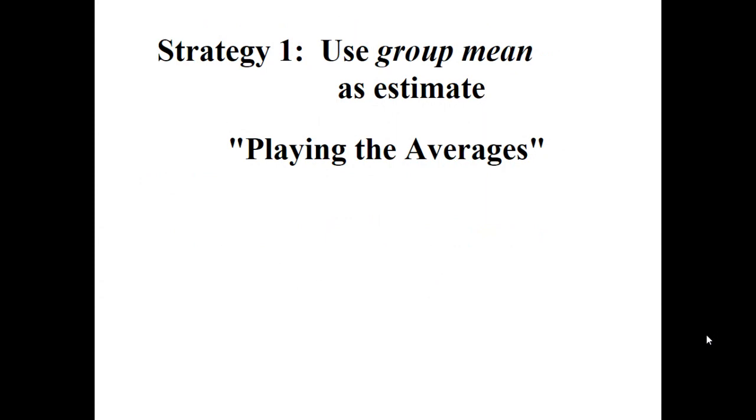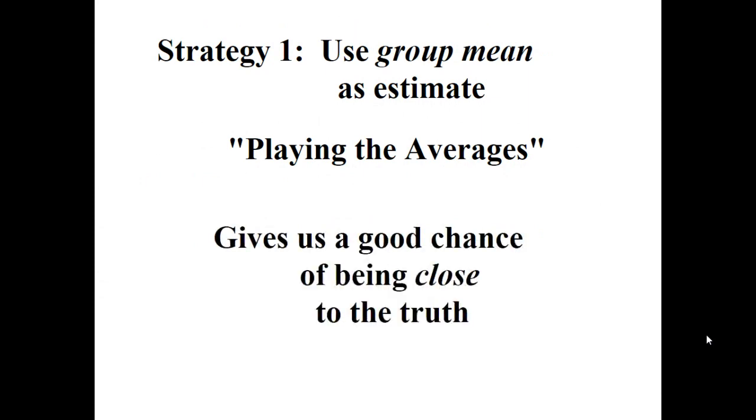The first strategy we discussed is to use the group mean as an estimate when we're making an estimate about an individual but don't have much individual information. Statisticians recommend using the mean as an estimate because it gives us a good chance of being close to the truth.